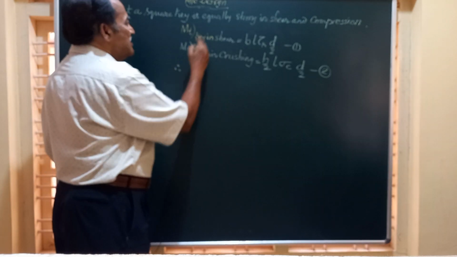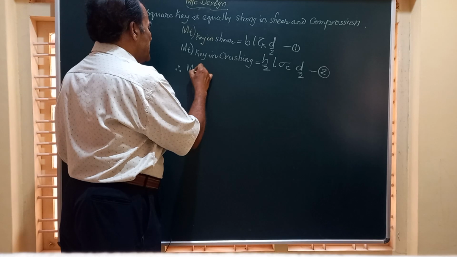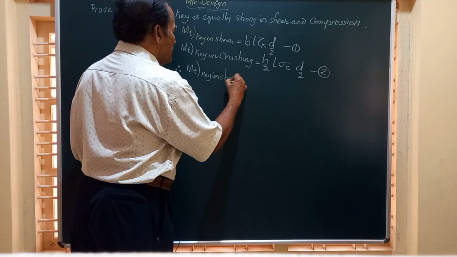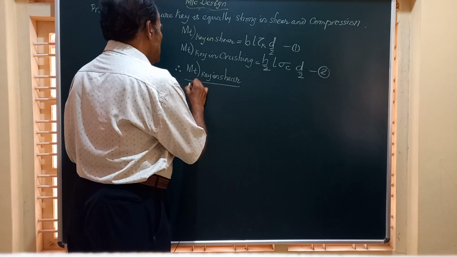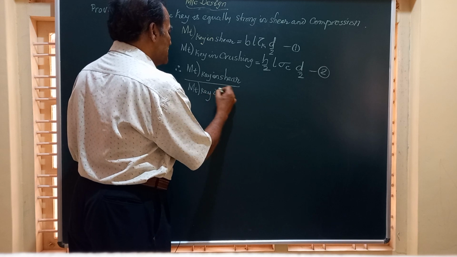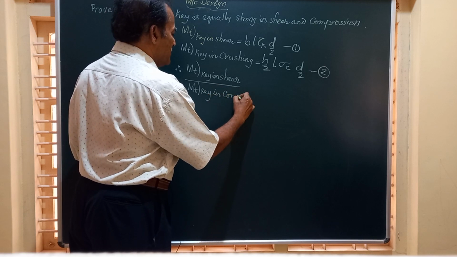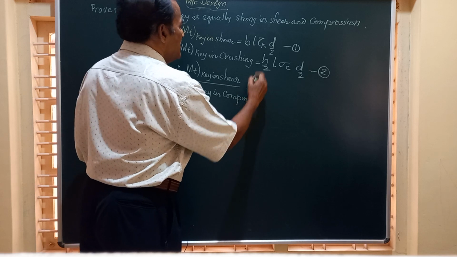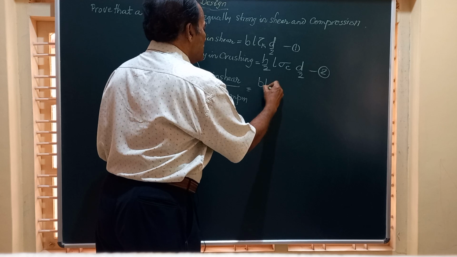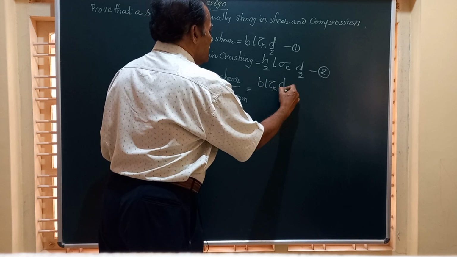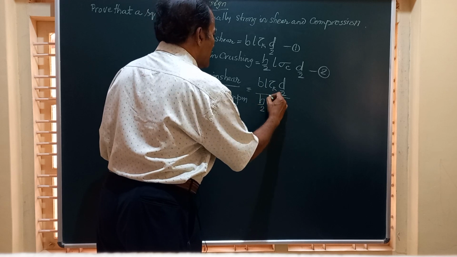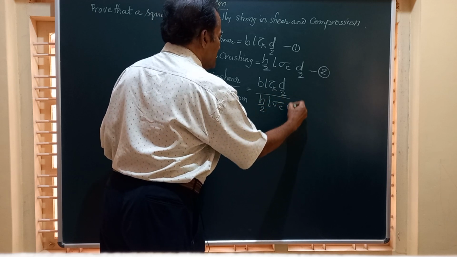Therefore, dividing one by the other, we get the torque of key in shear divided by the torque of key in crushing or in compression, which is given by expression 1 by expression 2, that is B L tau K D by 2 divided by h by 2 L sigma c into D by 2.